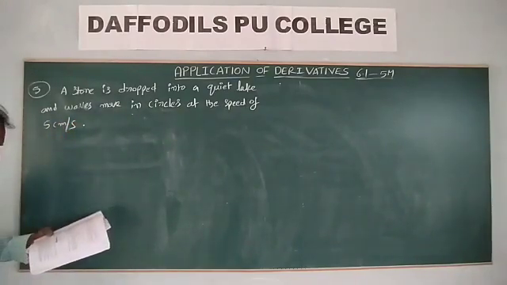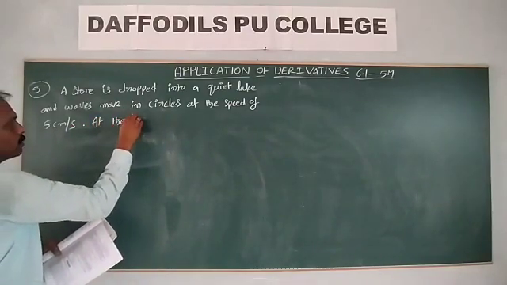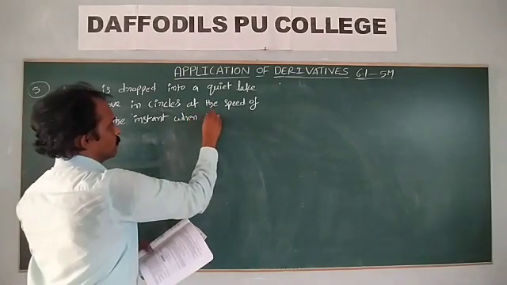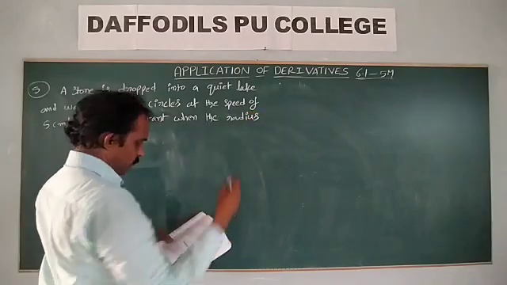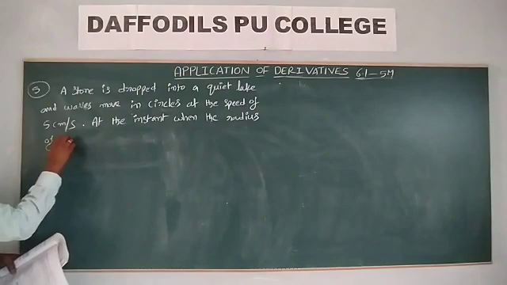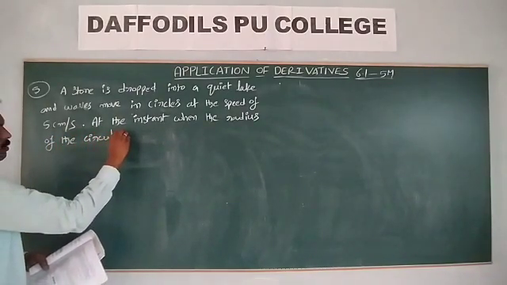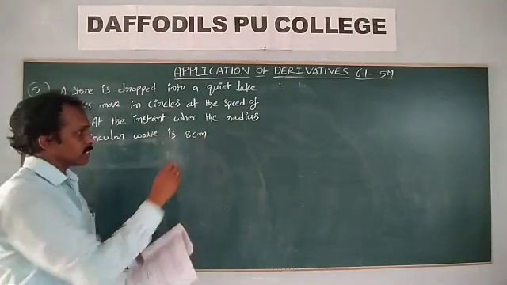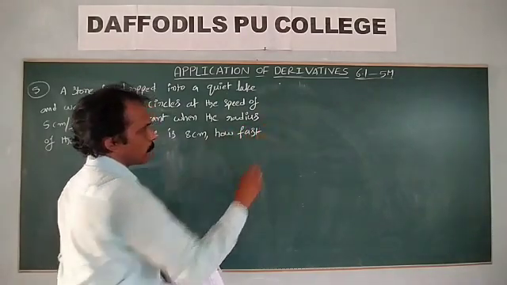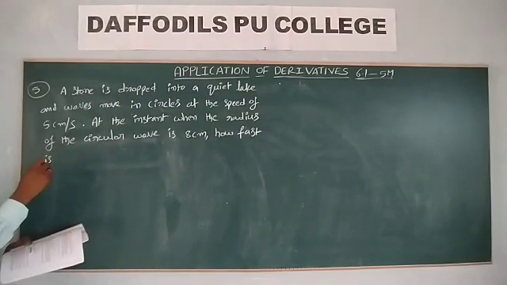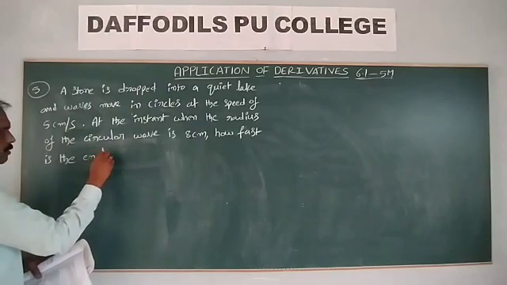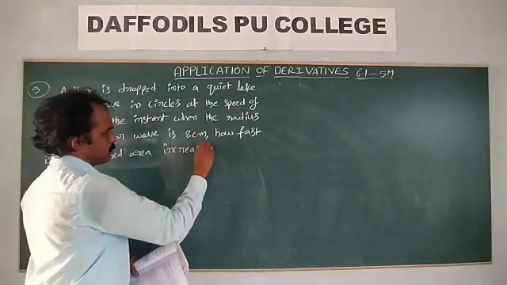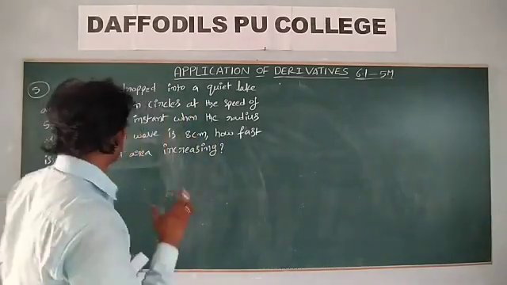At the instant when the radius of the circular wave is 8 centimeter, how fast is the enclosed area increasing? This is the problem.